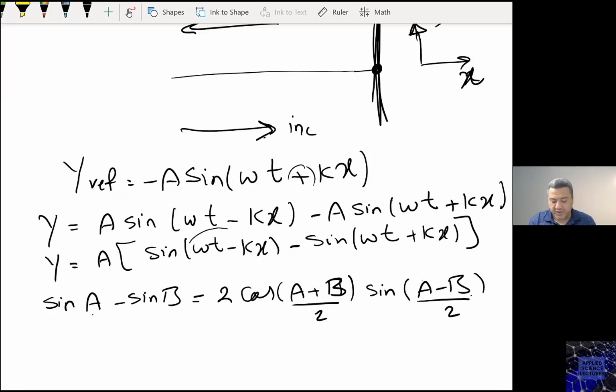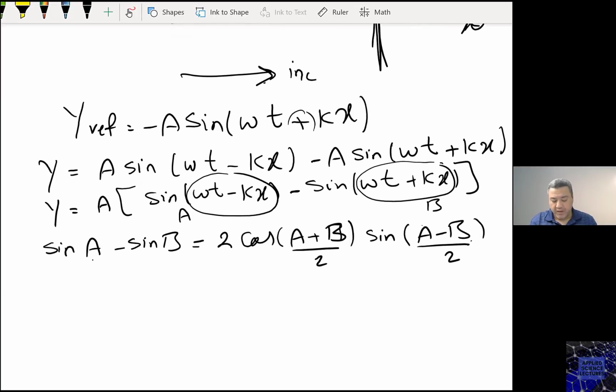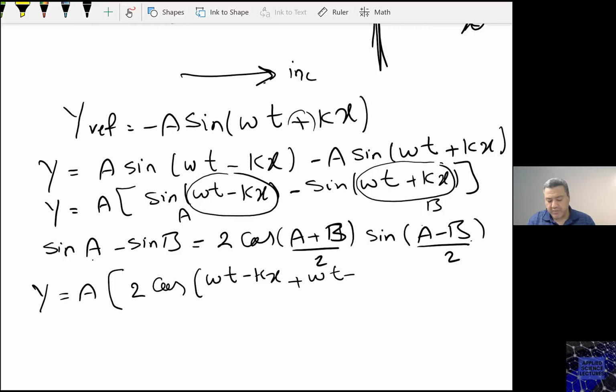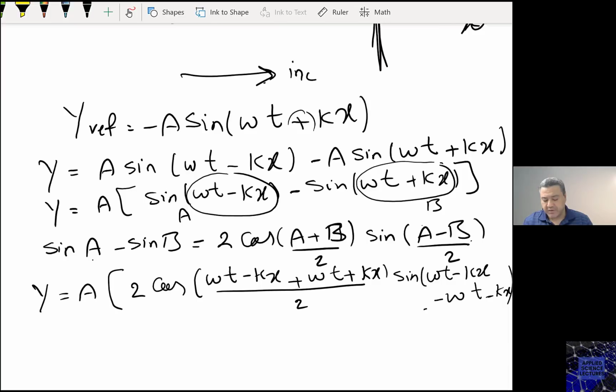So if this one is A, and this one is B, then in this case, I have y equals a times 2 cosine of (ωt − kx + ωt + kx) divided by 2, times sine of (ωt − kx − ωt − kx), also divided by 2.